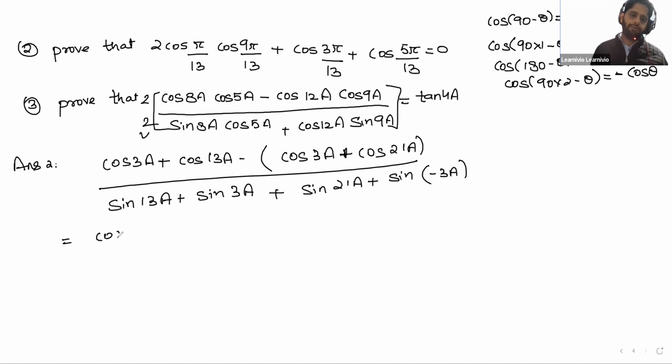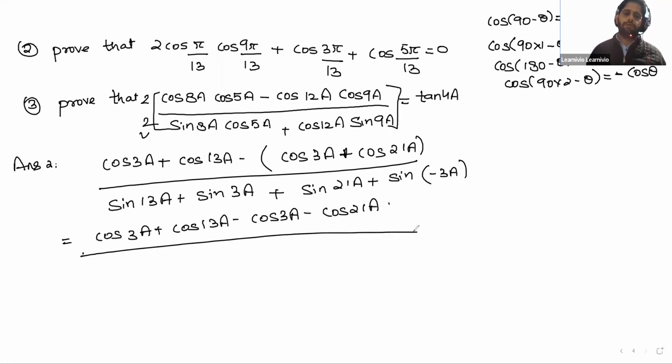Now this is equal to cos 3a plus cos 13a minus cos 3a minus cos 21a, by sin 13a plus sin 3a plus sin 21a, and minus sin 3a.